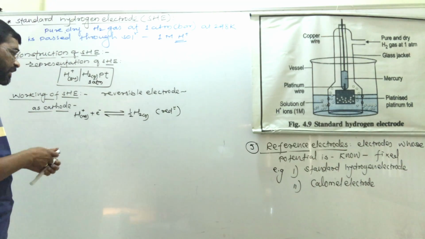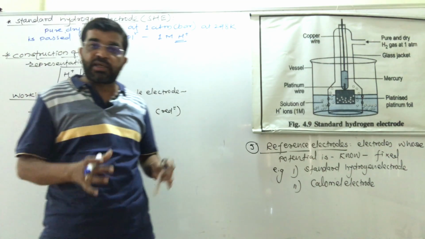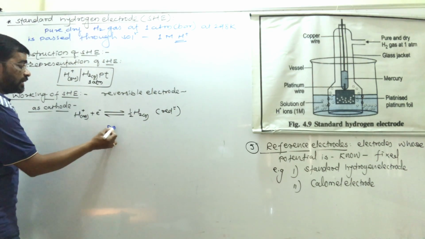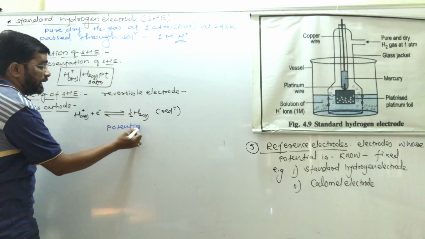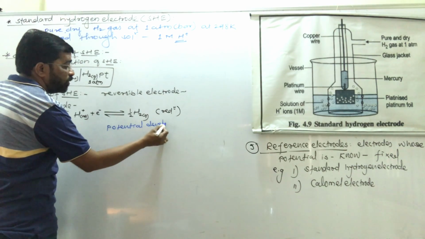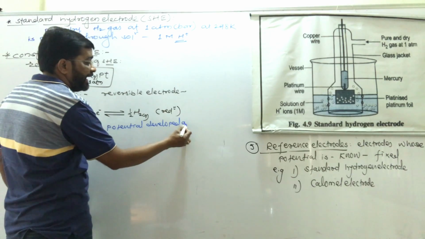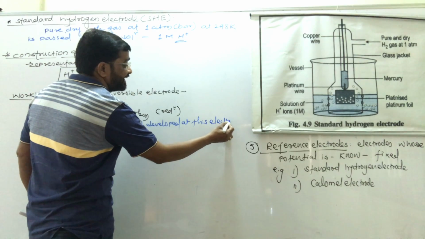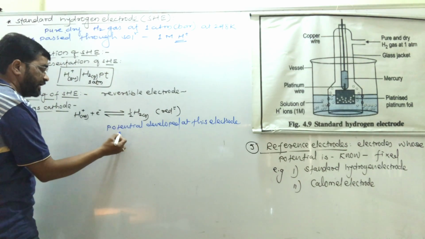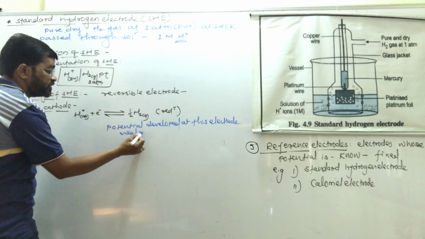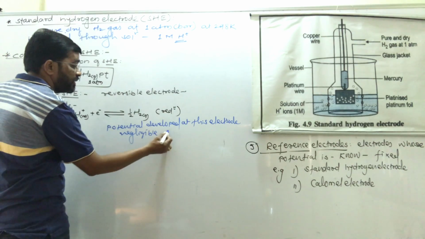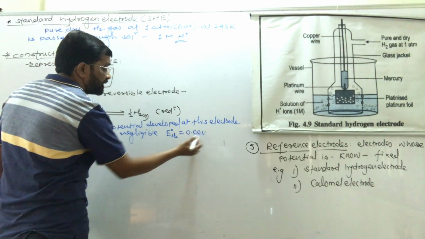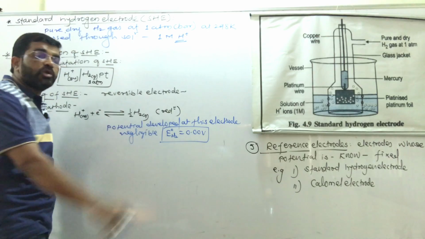Here a point to remember: during the working of the standard hydrogen electrode, the potential developed at this electrode is negligible, and therefore the standard reduction potential of hydrogen is taken approximately as 0 volt.